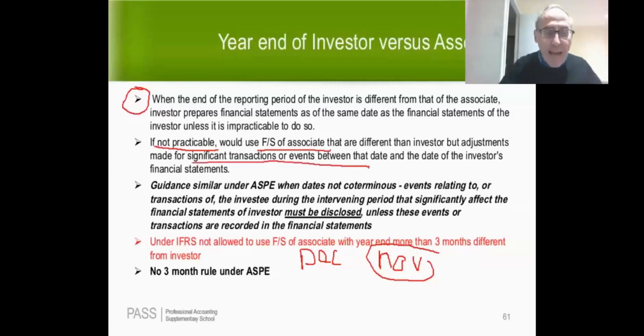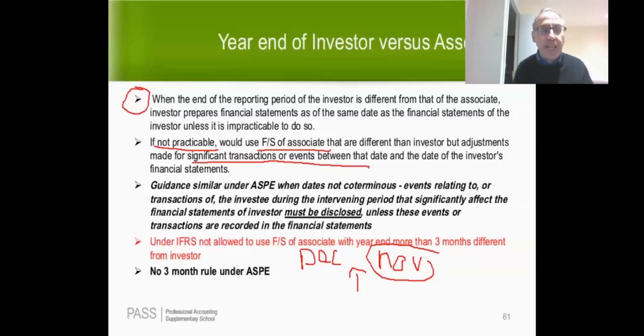So in my example, if it's not practicable to prepare special financial statements for the purpose of applying the equity method, if it's not practical to prepare these statements for the investee at December, we would use the equity method using the November statements of the investee, even though they're off by a month from the parent statements, but we would adjust for any transactions between November and December. Everybody with me? We would adjust for any significant transactions. Now, the guidance under ASPE is similar.